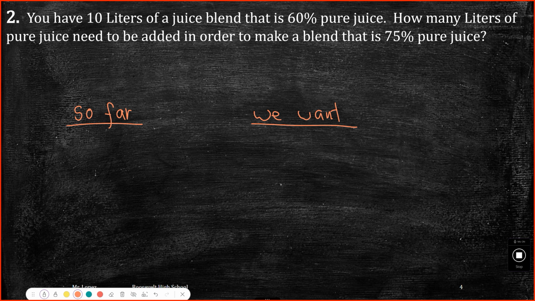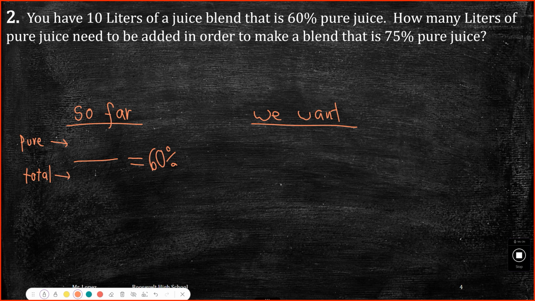So if we do it like we did problem number one, we're going to set up where so far something is equal to. So far we have what? What goes on the right side? 60%. So we have 60%, no? So far we have something equals 60%. What is that? Maybe we can say total pure juice blend. All right, that's what we really need to know.